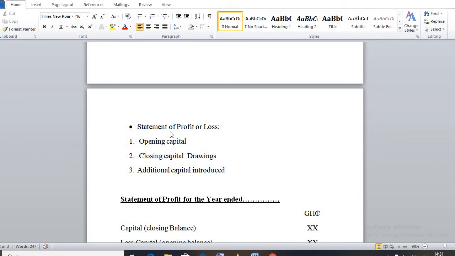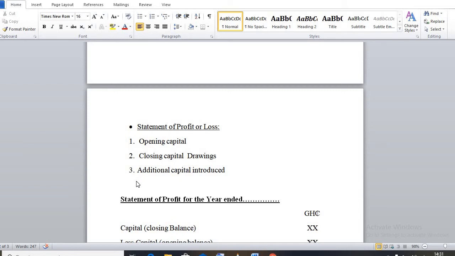So these are the elements that you will see in the statement of profit or loss under single entry. So once again, I said you have to get the opening capital, then that of your closing capital or drawings. We will give explanation to all this in our subsequent series, so don't worry about that.